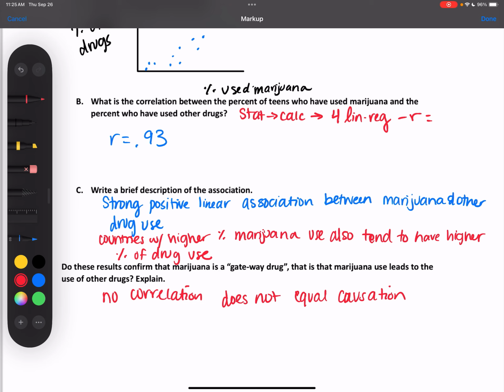We can't prove using marijuana leads to using other drugs.